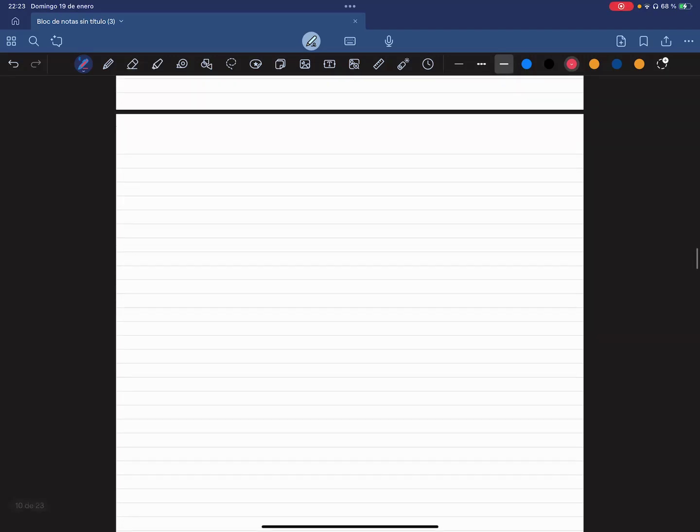So, we also saw the different uses of those three verbs, but very quickly I'm going to remind you the different uses of all those verbs. For example, for the verb ser, we use it for many things. We use it for things like identifying. We use it for things like origin or nationality.